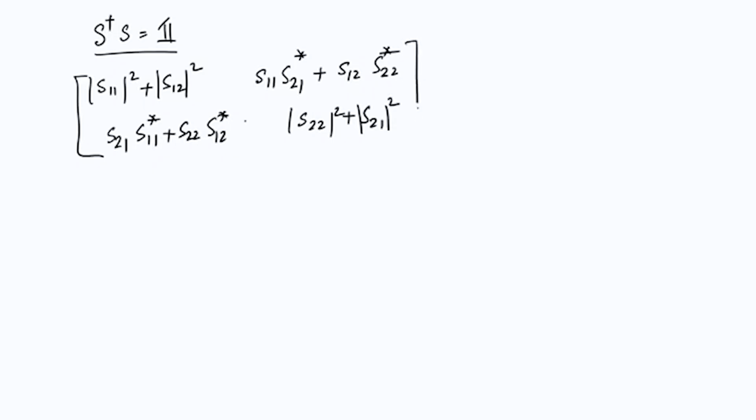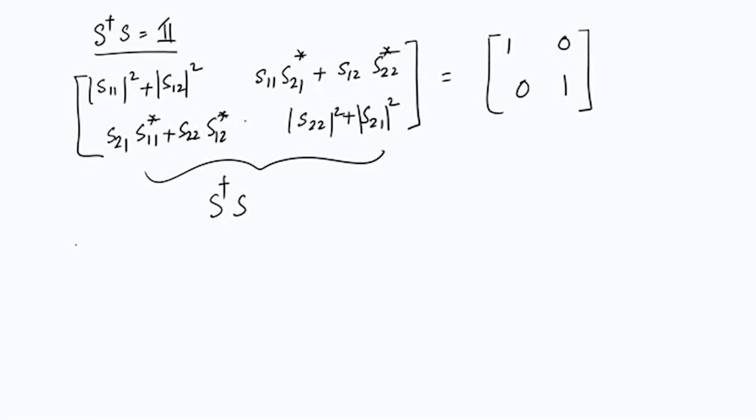If it's a unitary matrix, then this is equal to 1, 0, and 0, 1. Which immediately tells you that S11 mod square plus S12 mod square is equal to 1, and S22 mod square plus S21 mod square is equal to 1.